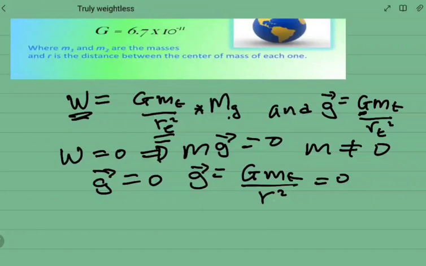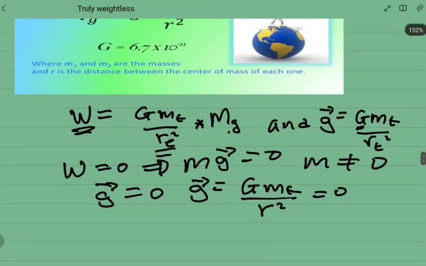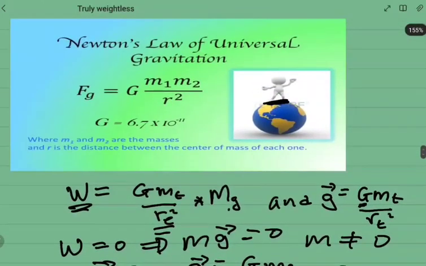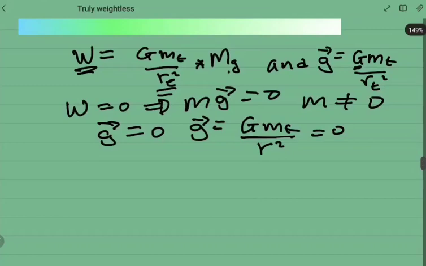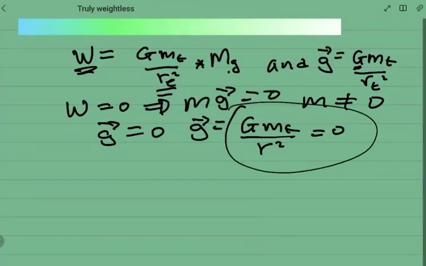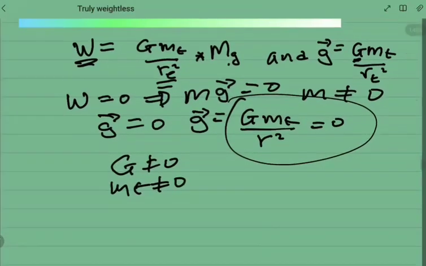Now r is the radius of the earth if he is on the surface of the earth here. When he moves somewhere very far, r is going to be just simply r, the distance. Now where does this become 0? The gravitational constant cannot be 0. It's a constant. The mass of the earth cannot be 0. It's also constant.